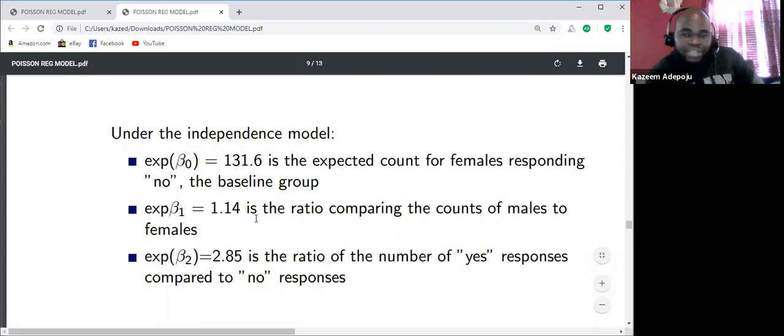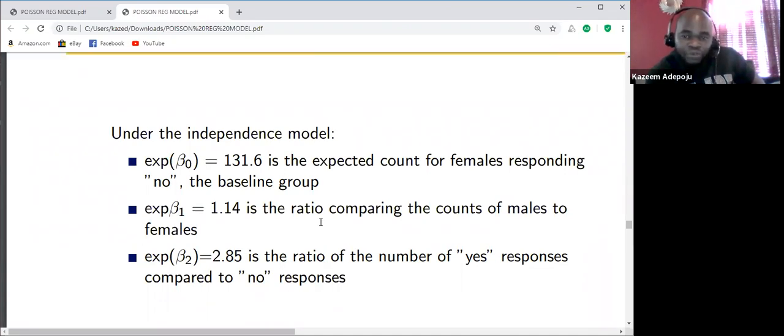Since this is greater than 1, it means the number of males is greater than the number of females. The exponentiated beta 2 is the ratio of the number of yes responses to no responses. If you look at this as an odds ratio greater than 1, it means there are likely to be more yes responses than no.